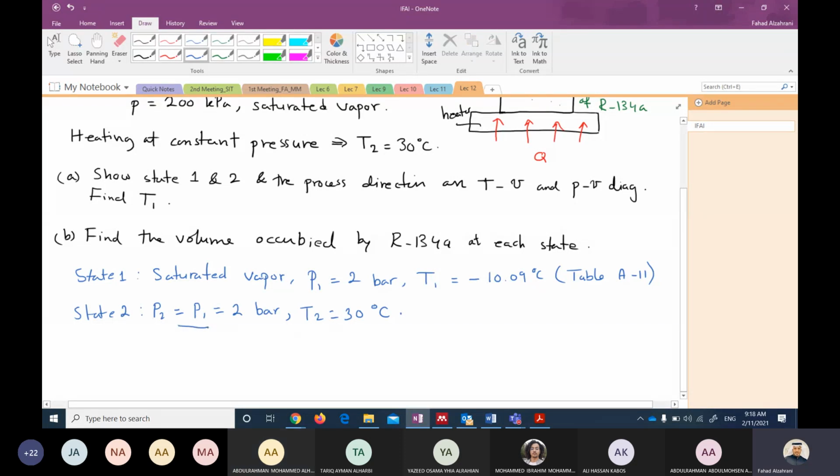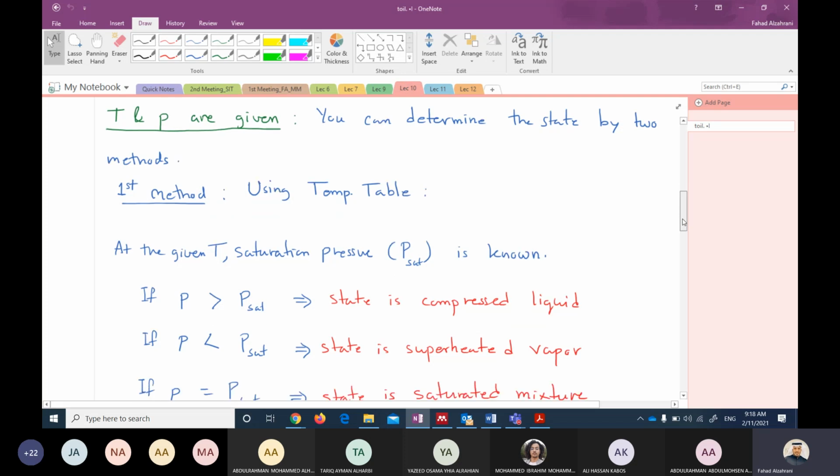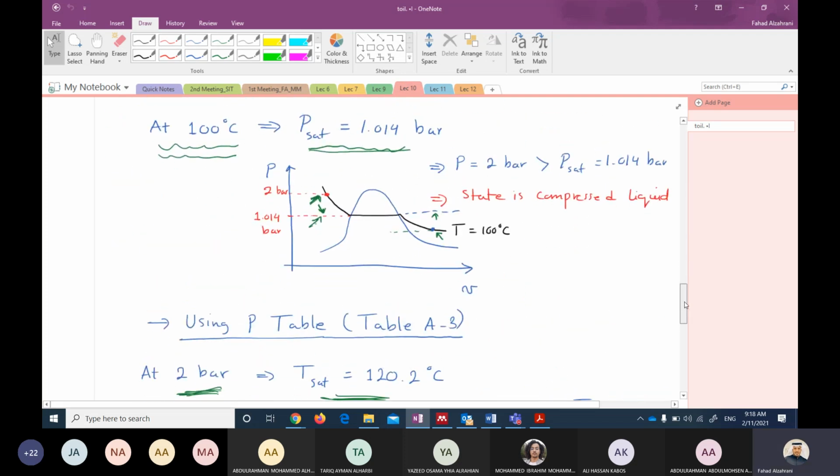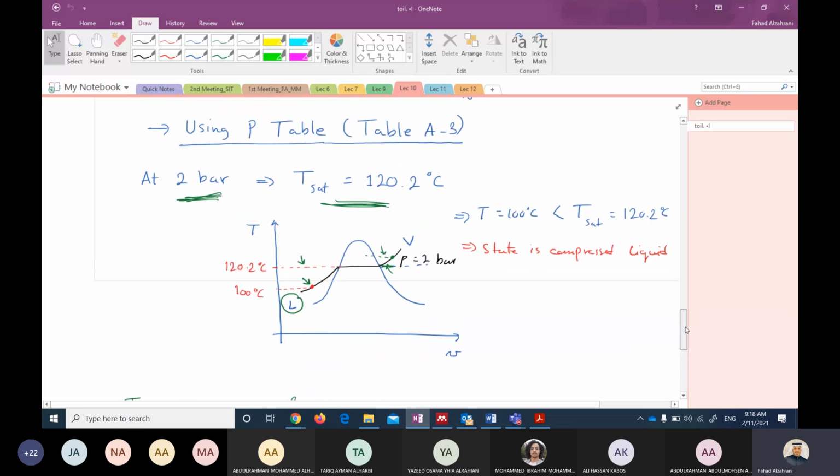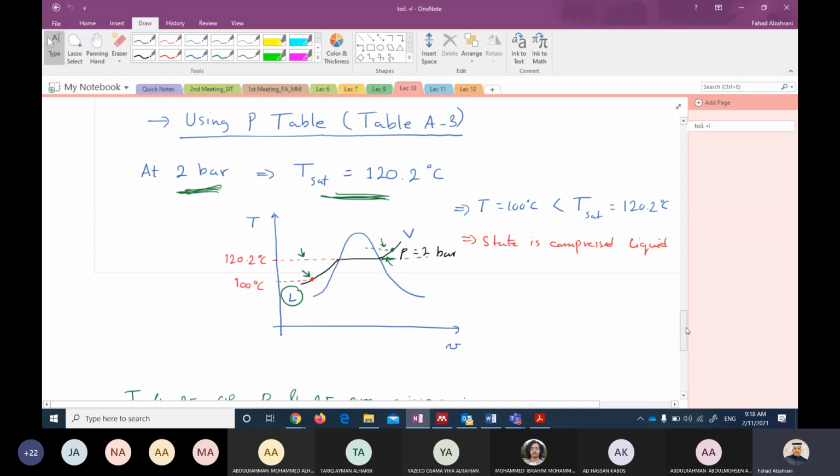So at this pressure, let's go back here. If you go to the pressure table at 2 bar, this is my saturation pressure line. At 2 bar, the saturation temperature is minus 10.09.